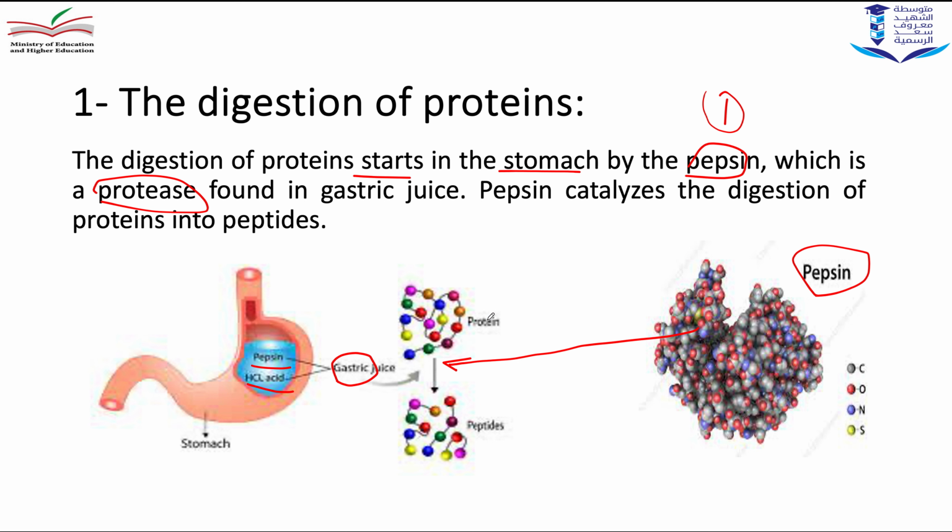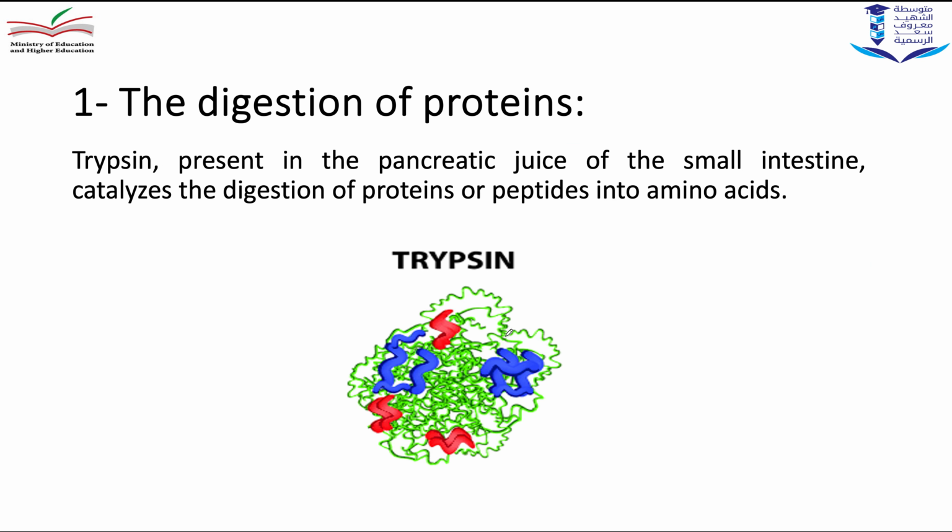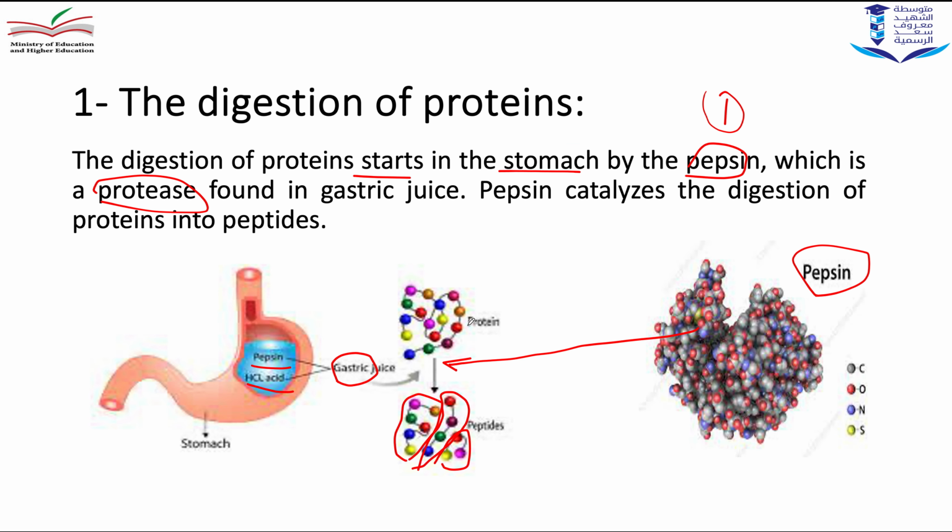Look at this protein, it's very complicated, and look at these peptides. This is the first peptide, this is the second peptide, and this is the third peptide. So how many peptides do I have here? Three. So pepsin catalyzes the chemical transformation of proteins into peptides. So do we have here a complete digestion of protein?